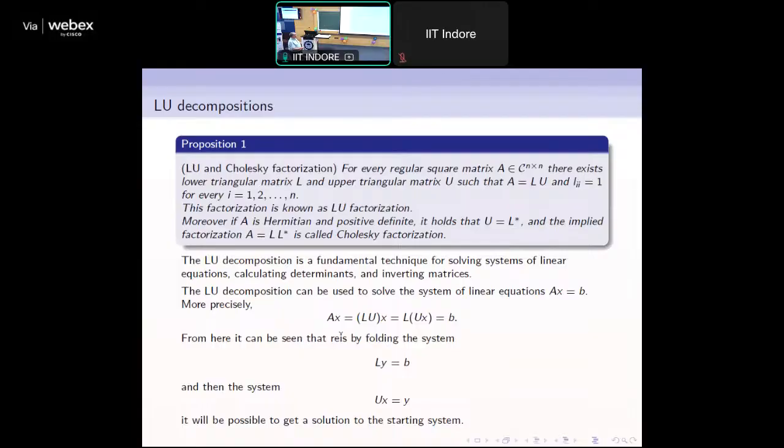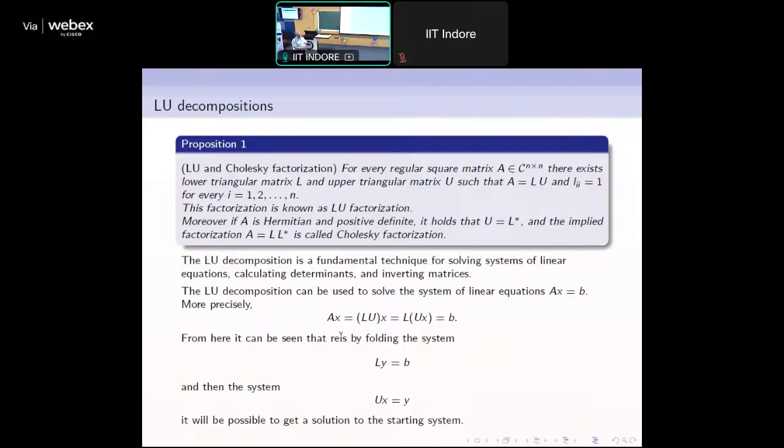There are other matrix decompositions, such as the LU matrix decomposition. Again, more about LU decomposition will be presented later. L is lower triangular with ones on the main diagonal, L_ii equal to 1.